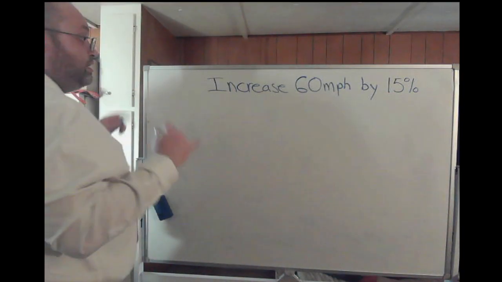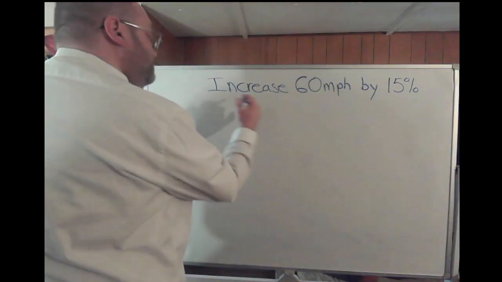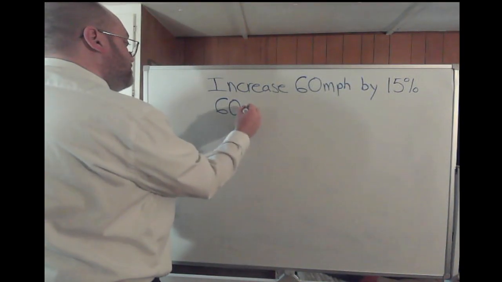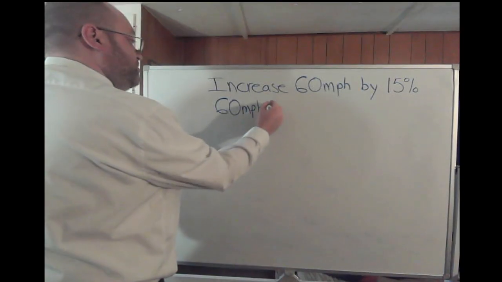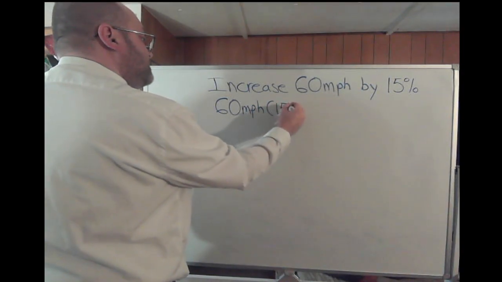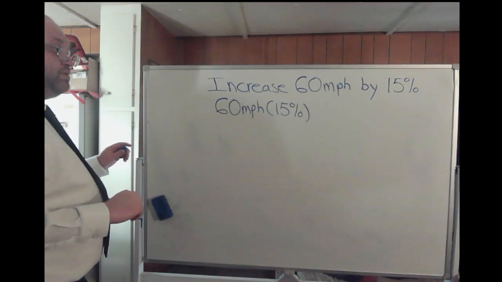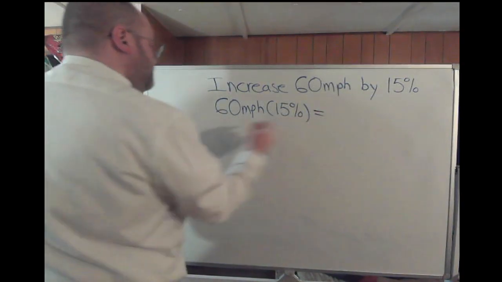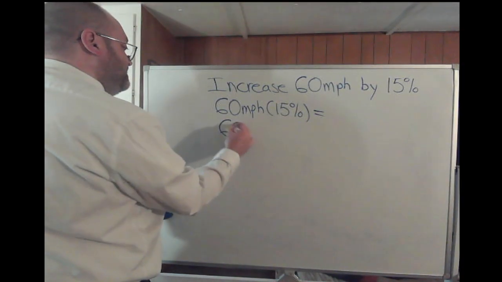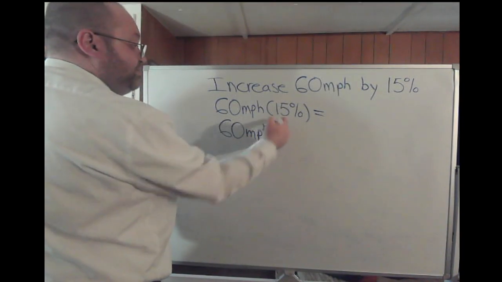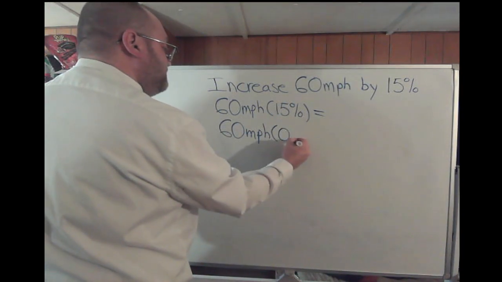Well, it's going to be an increase of 15%. What you got to do again, take your original quantity, that's 60 miles per hour, you'll multiply that by 15% because you're going to increase that by 15% of 60 miles per hour. So that would be equal to 60 miles per hour times 15% as a decimal is 0.15.